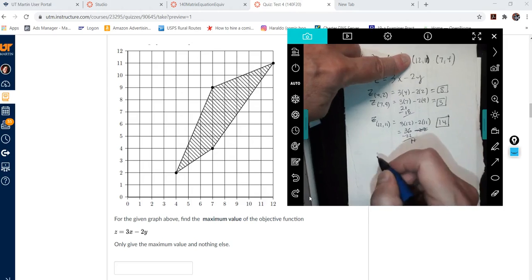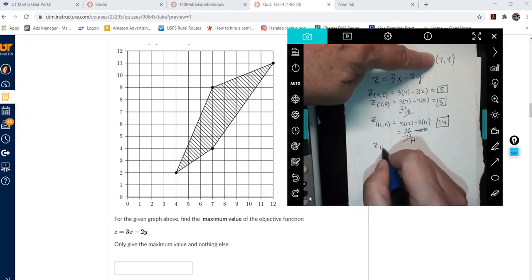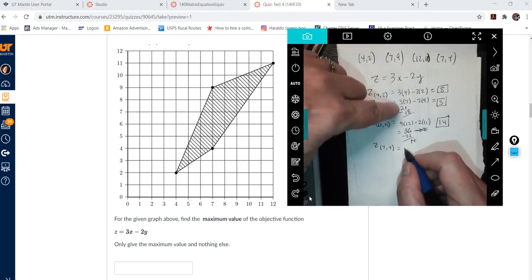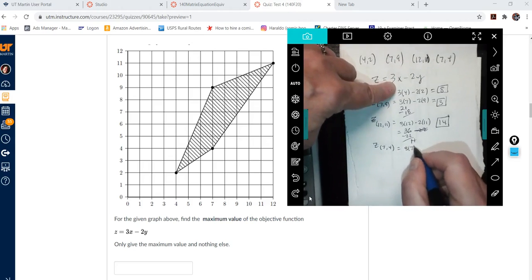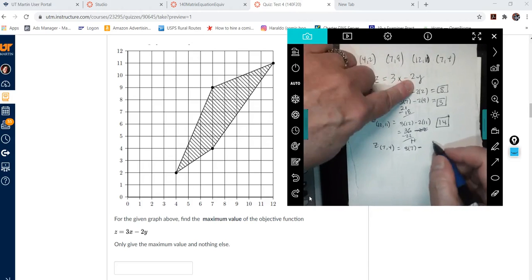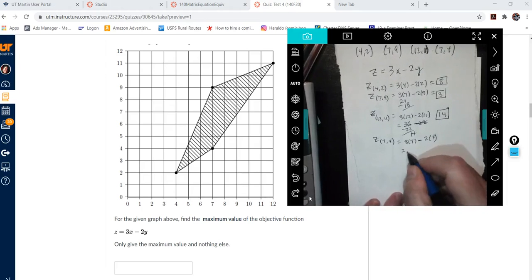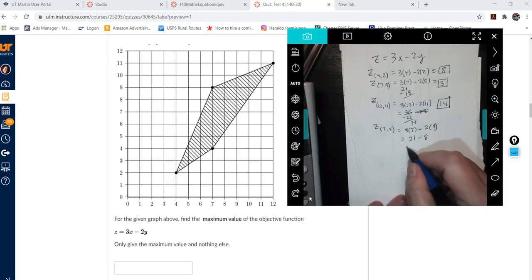And then I'll have 3 times 7 minus 2 times 4, so I'll get 21 minus 8, and I'll get 13.